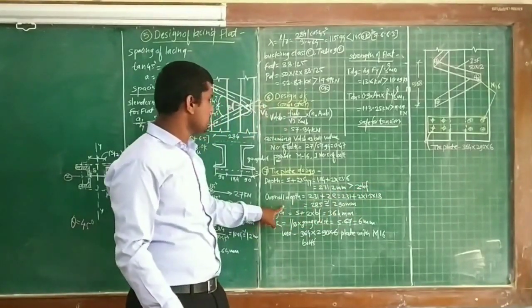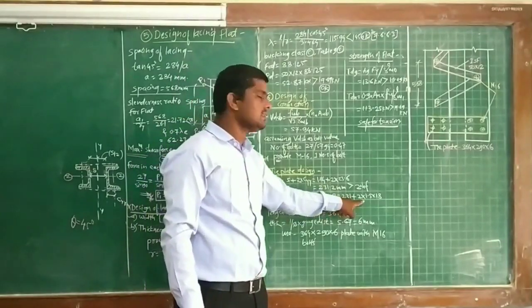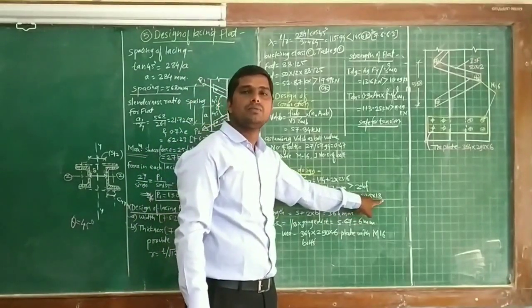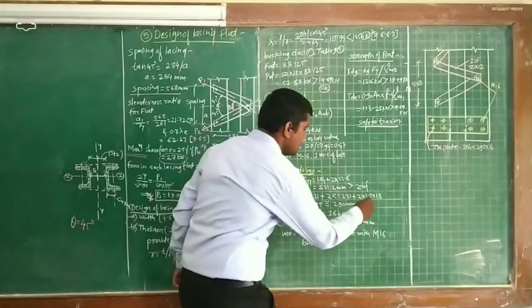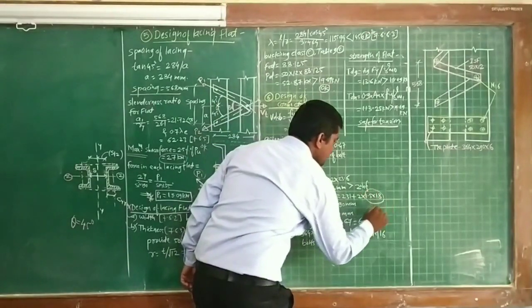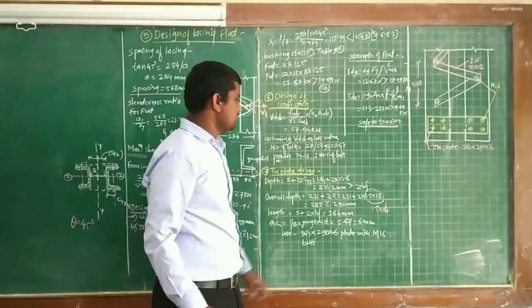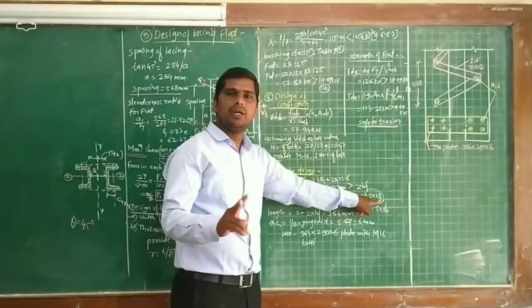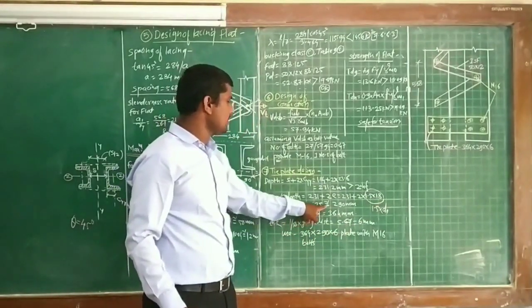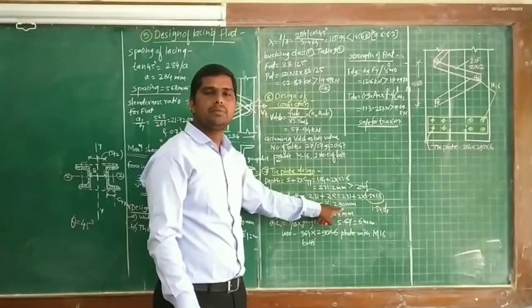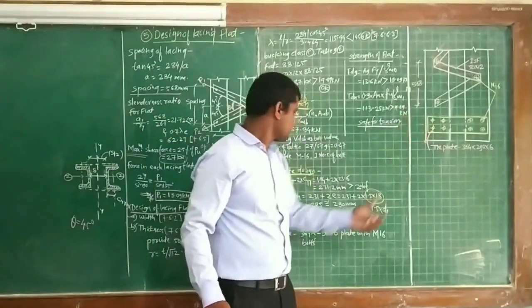So overall depth is equal to depth plus twice the edge distance. Twice the edge distance is 1.5 times the diameter of the hole. So the formula is 1.5 times the diameter of the hole, that is 16 plus 2 mm clearance. So the answer will be 285, and we are going to consider 290 mm as the overall depth for this tie plate.